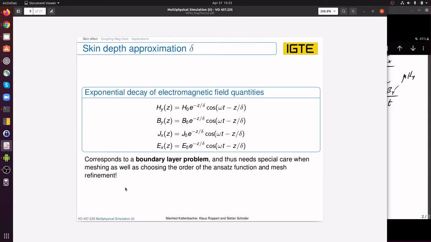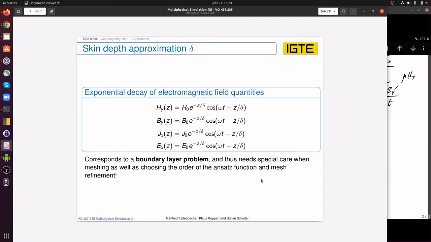Okay, so it is actually a boundary layer problem, and this imposes some kind of difficulty when you want to perform the meshing procedure. So if you want to simulate induction heating of a very thin sheet, you need, first of all, high frequencies in order for the eddy currents not to cancel out.